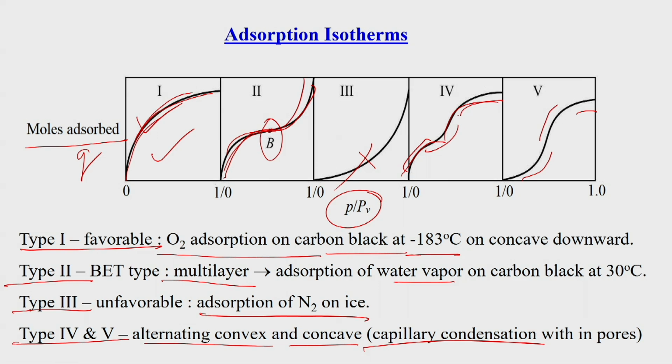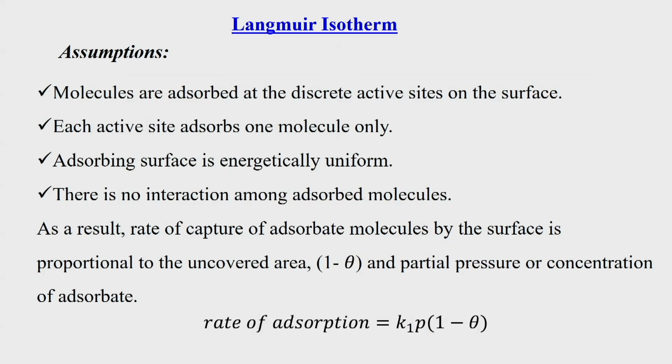So, out of these, type 3 is not favorable, as it increases exponentially with the increase in partial pressure or adsorbate concentration in the system, but BET is favorable for multilayer adsorption processes. Now, we will discuss a few of the isotherms.